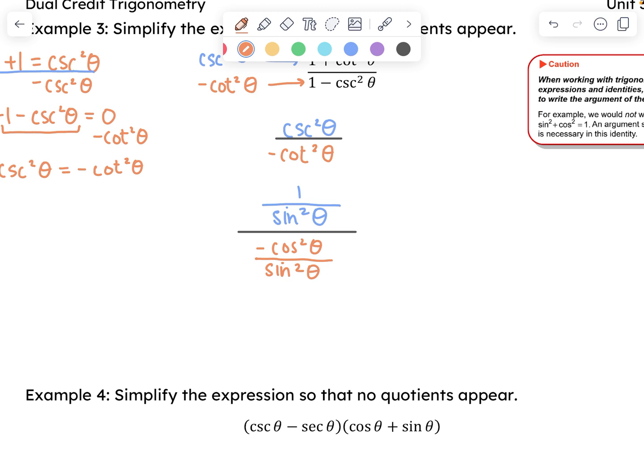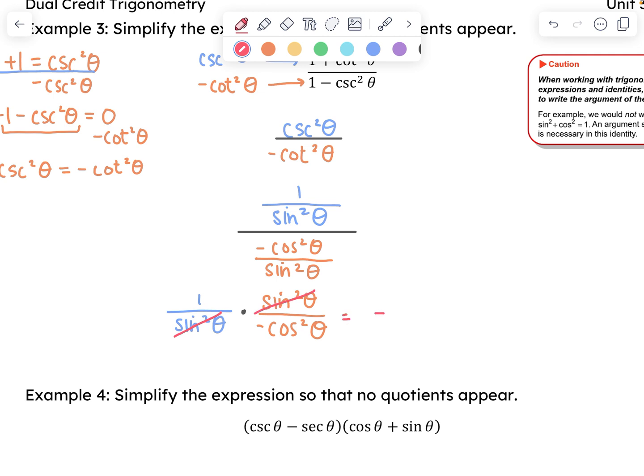Which means we've got a fraction over a fraction, so we can do our keep, change, flip. I'm going to do 1 over sine squared, and multiply it by sine squared over negative cosine squared. And that does get the sine squareds to cancel.